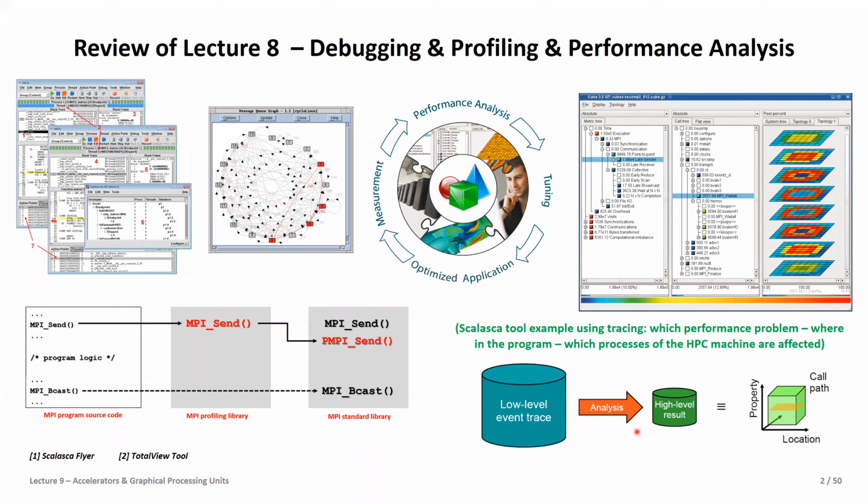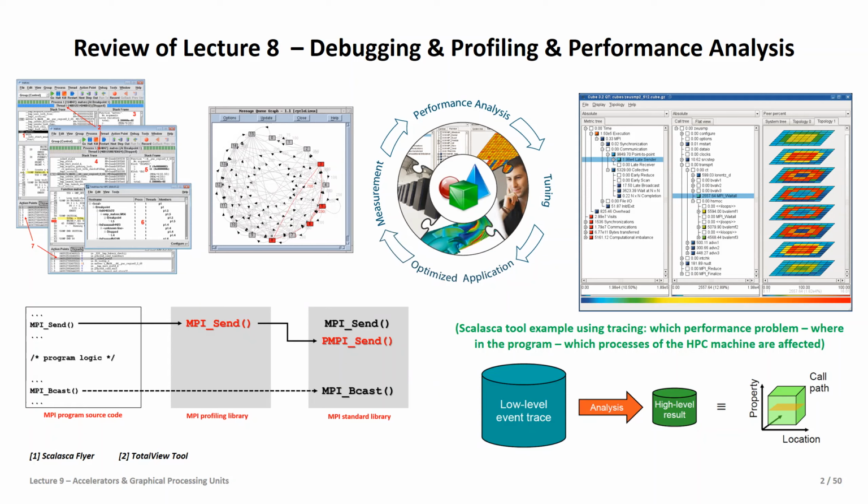Tools like Scalasca are very beneficial here because they immediately have a particular set of performance problems already identified, a particular set of performance patterns of problems, you can say, that always come back in different MPI applications.